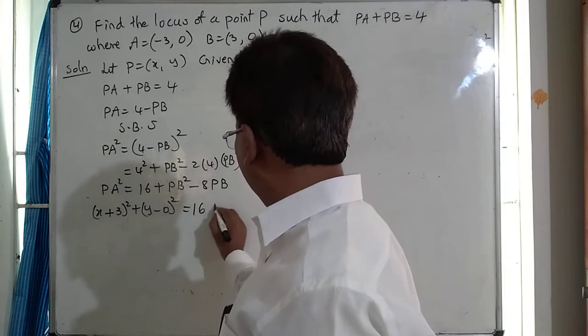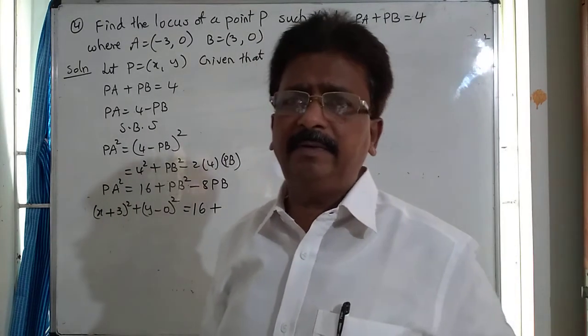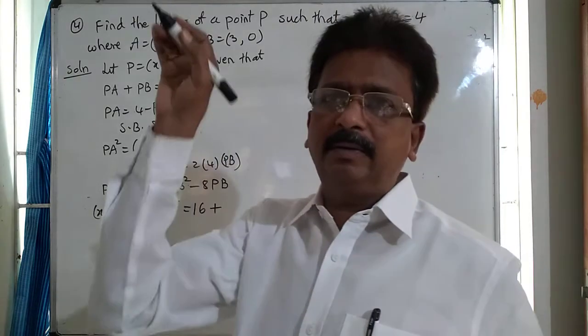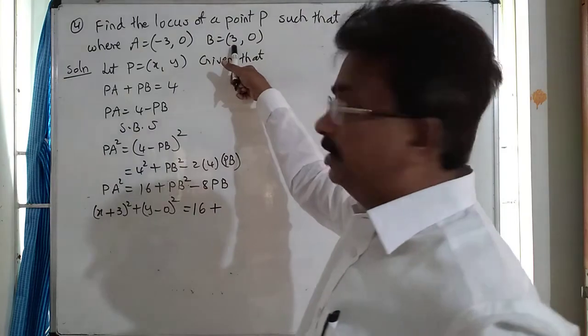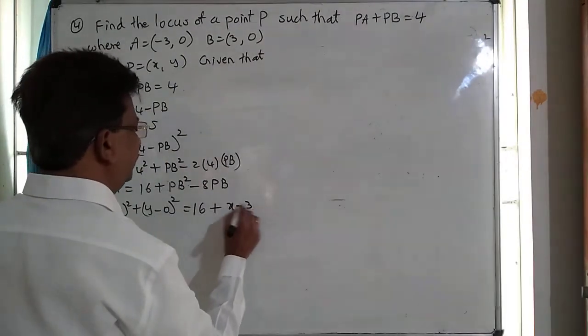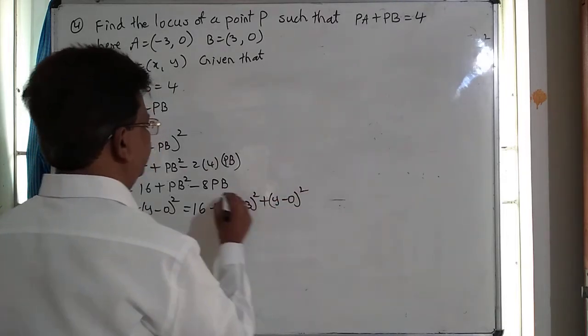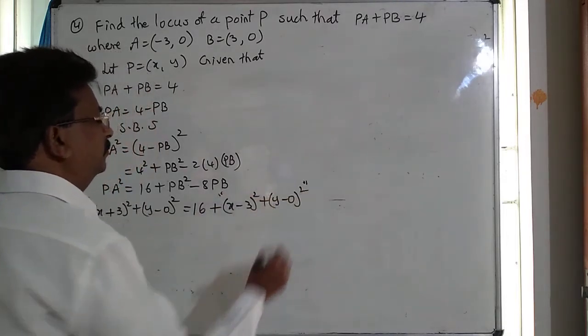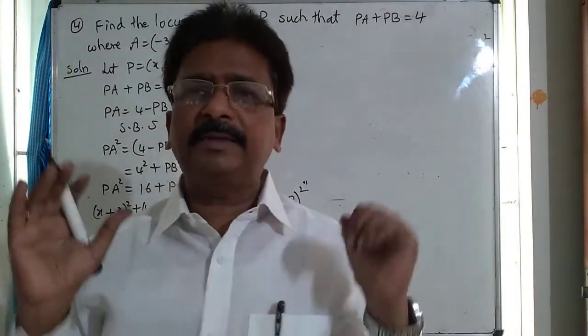Let us go to the right side. 16 plus PB square. PB square also we can write in the same way, there is no square root. x minus x1. Now what is x1? B coordinates 3 comma 0. x minus 3 whole square plus y minus 0 whole square. This is PB square.